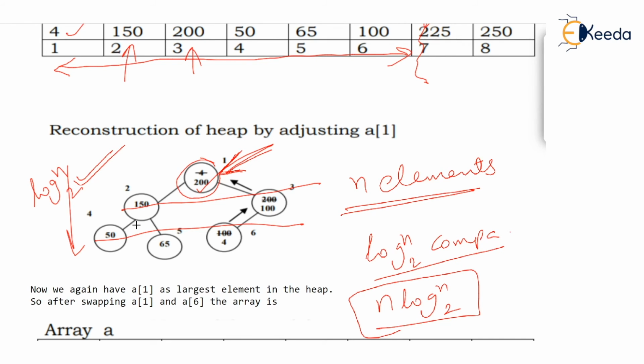Come again, in stage 2, we fix only the first parent. And to fix the first parent properly, the number of comparisons needed is equal to the height of the tree, and the height of the tree is log of n to the base 2. And we keep doing this by exchanging every time the first element with the current last element. So the number of elements is n, and for each element log of n to the base 2 comparisons are needed. So the total comparisons needed in stage 2 is n log n to the base 2.